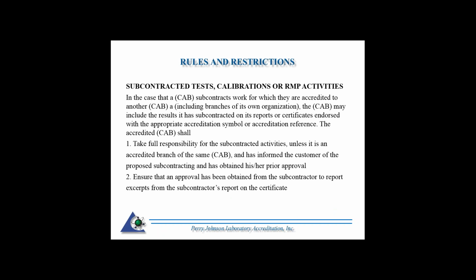Subcontracting. So it may not apply if you do not subcontract your test or calibration. However, we do address in SOP 3s, in our rules and restrictions, the subcontracting of test, calibration and RMP activities.